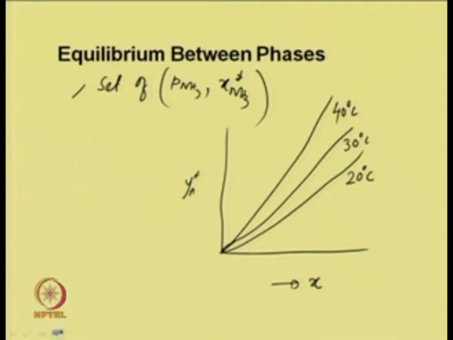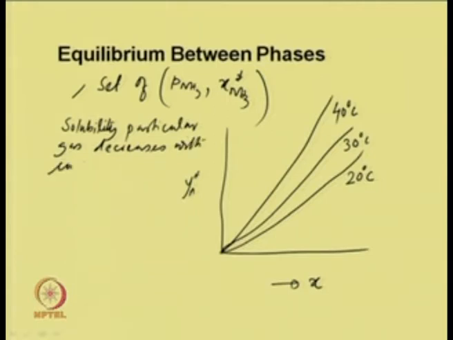We can see that the solubility of a particular gas, ammonia, decreases with increasing temperature, and the equilibrium curve becomes steeper.